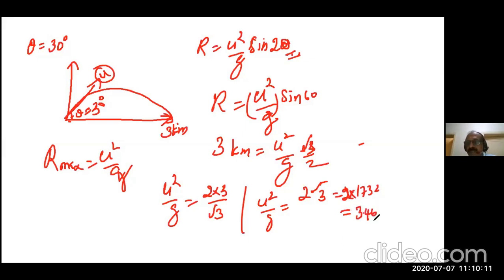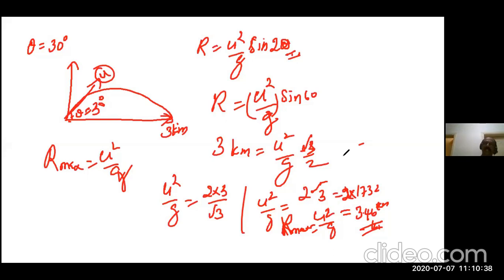So U squared by G is 3.46 kilometers. What is this U squared by G? That's R maximum, right? No need to calculate the twisted way; directly you can calculate U squared by G. So the maximum range you can hit is 3.46 kilometers. Can you hope to hit 5 kilometers? No, sir.